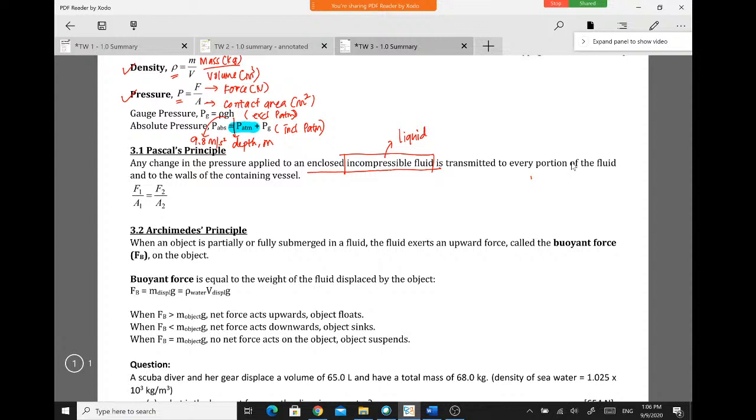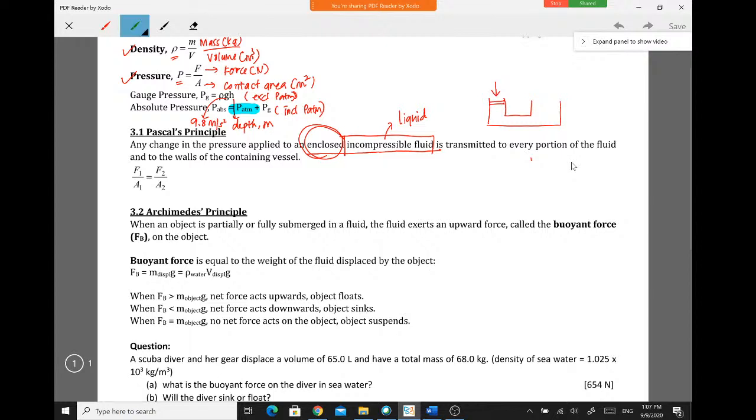Okay, so when you have an enclosed incompressible fluid, for example, like a hydraulic jack, let's say. So any pressure that you apply on one point here will be transmitted equally to every portion inside this enclosed incompressible fluid.